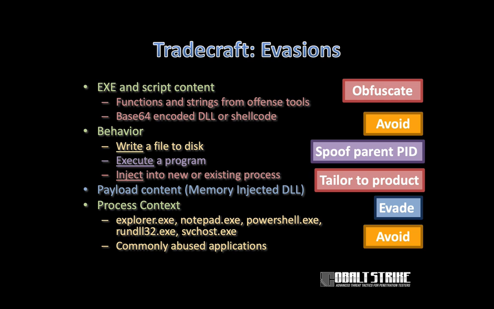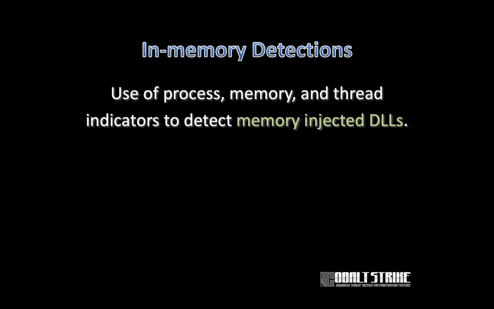Also, pay attention to your architecture. If you are in a 32-bit context on a 64-bit system, or are running 32-bit variants of things on a 64-bit system, expect more scrutiny. You stand out more. Let's talk about in-memory detections and evasion.